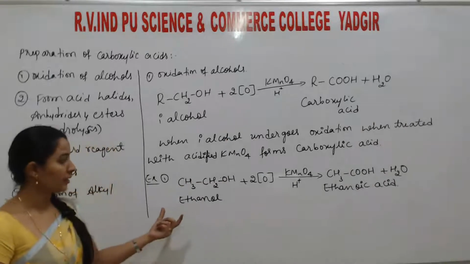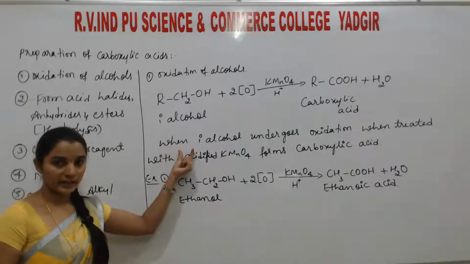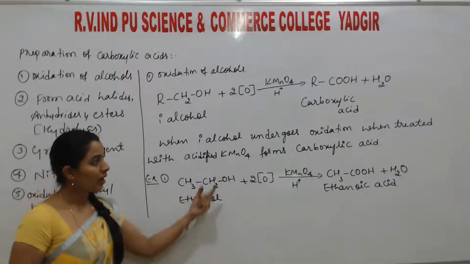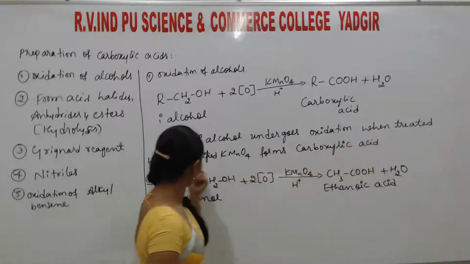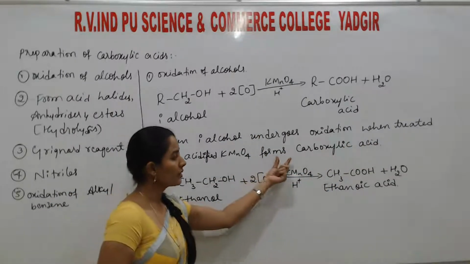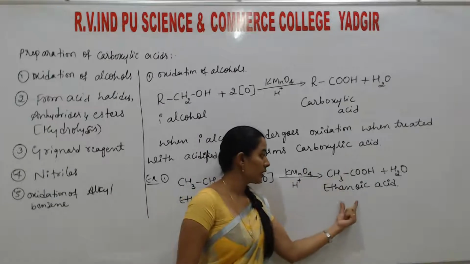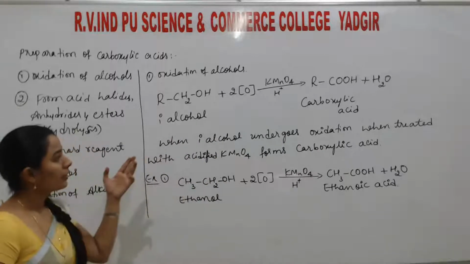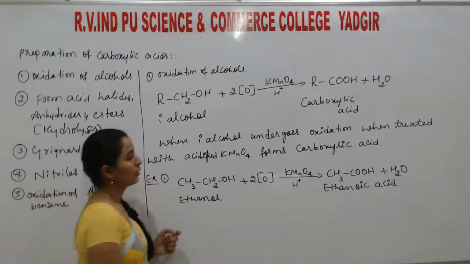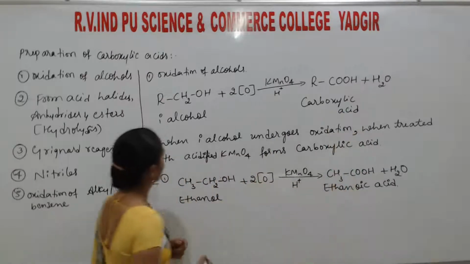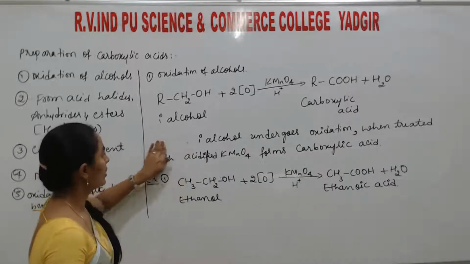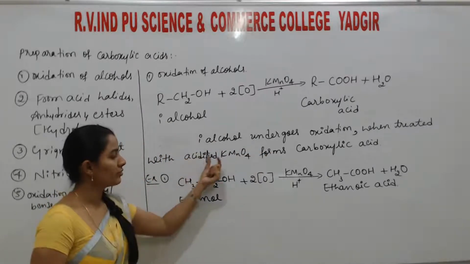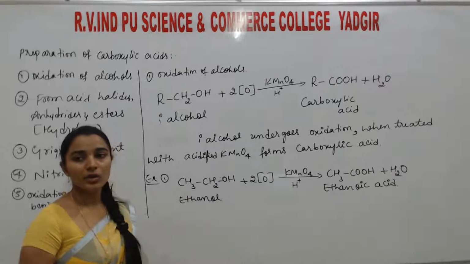This is the example. Then how can you write the explanation? In the place of primary alcohol, you have to take ethanol, which undergoes oxidation when treated with acidified KMnO4 and forms, in the place of carboxylic acid, ethanoic acid. So ethanol undergoes oxidation when it is treated with acidified KMnO4 forms ethanoic acid.